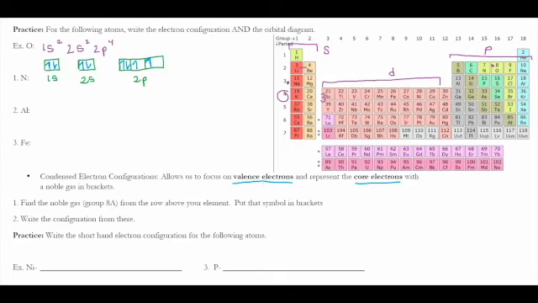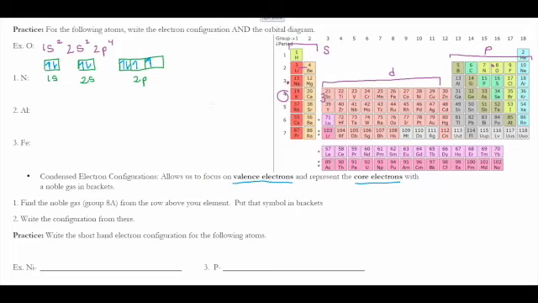Valence electrons are your electrons that are in your outermost energy level. Core electrons are the electrons that are closest to the core, closest to your nucleus. Valence electrons are the only ones that we're concerned about for reactions, specifically forming ionic compounds, forming covalent compounds, etc. Everything we've been talking about, that sharing of electrons, that's using valence electrons.